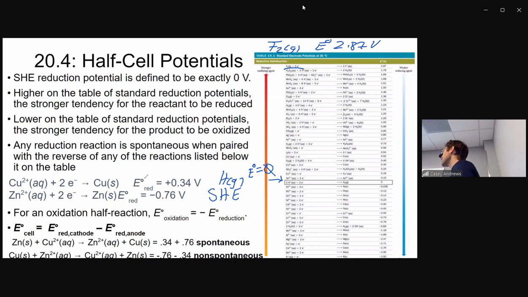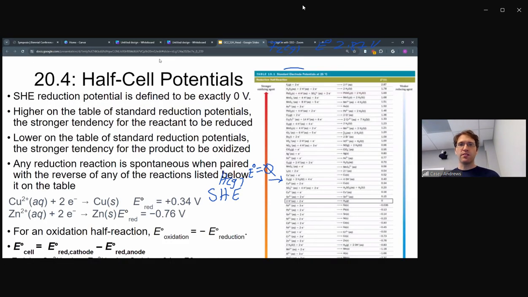Scientists decided hydrogen gets an energy of 0, and then we compare everything to hydrogen. So hydrogen gets 0. And then you'd look up whatever battery you want to make and see what their energies are to use in this equation. So let me go back to writing stuff down, because this is a lot of information on one slide.